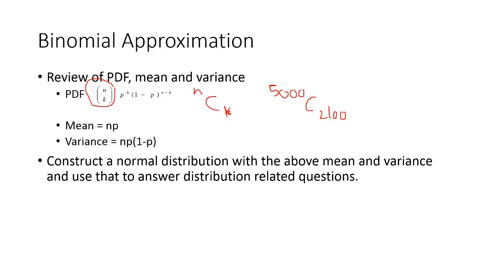That could be 5 million and 200,000, and it's very hard to do those calculations. So one thing that you can do when n becomes really large is use the formula you have for the mean and variance of the binomial distribution, construct a normal distribution with this mean and this variance, and use it to answer distribution-related questions.